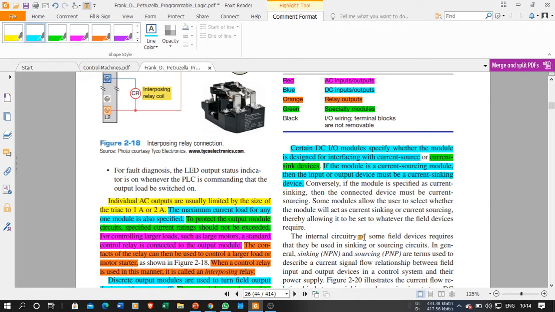The devices should absorb the current, the devices should get the current. Okay, is it clear? And conversely, if the module is specified as current sinking, then the connected devices must be current sourcing.